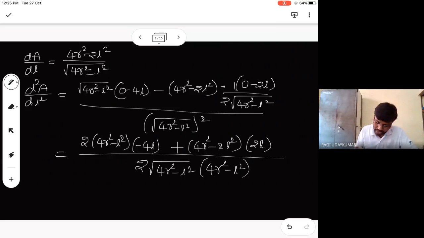In the denominator, if you take the 2 common in the same way as the previous problem, then that 2 and these 2 will get cancelled.